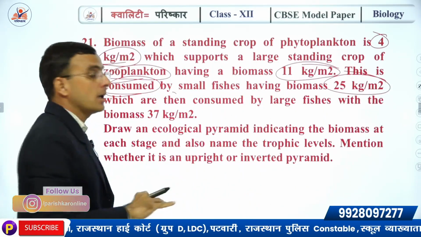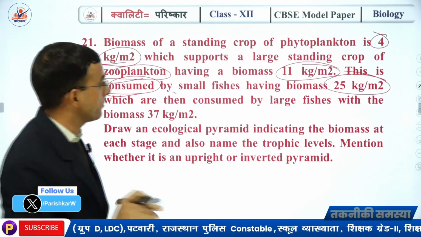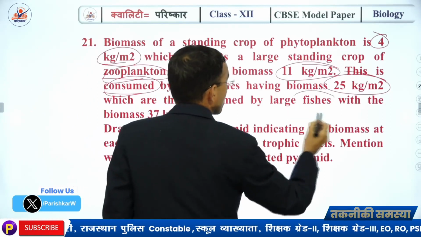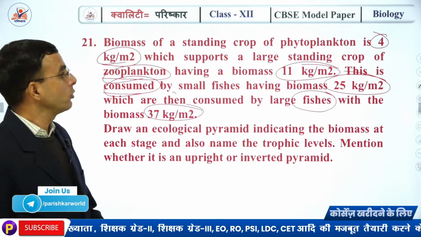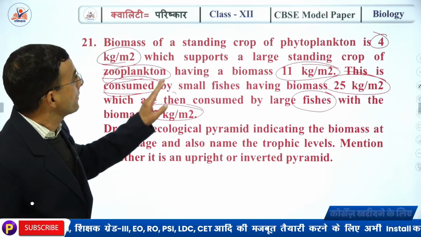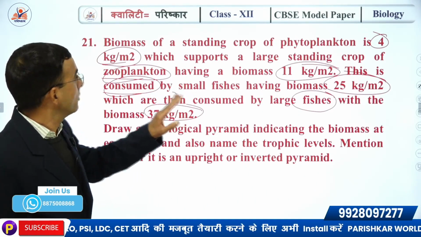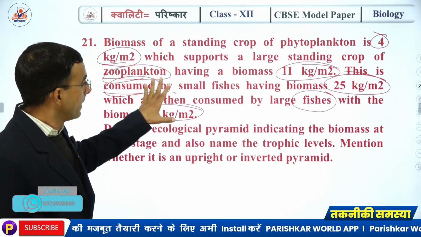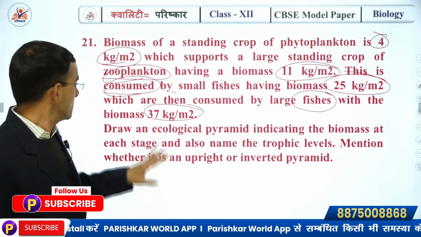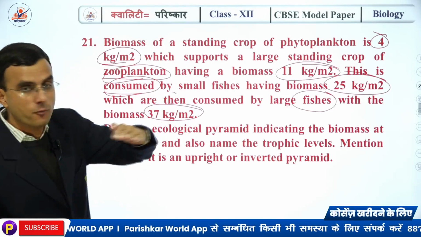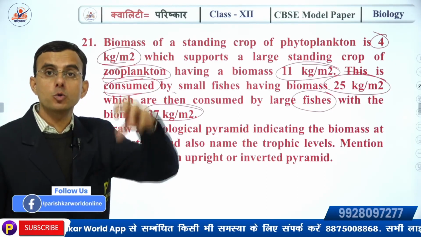And on the last level there are fishes, and the fishes have this much biomass. Okay, so look at this one. The biomass of the standing crop of phytoplankton is this, and that biomass keeps on increasing from the producer level to the consumer level.